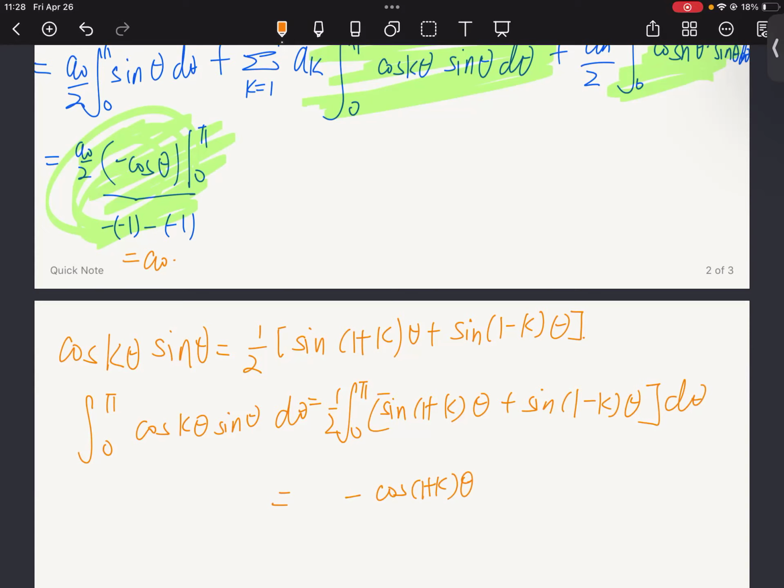So you have another 1 plus k here. That's the same thing here: negative cosine (1 minus k) theta over 1 minus k. Then you evaluate at 0 and pi. And there's a 1/2 here.